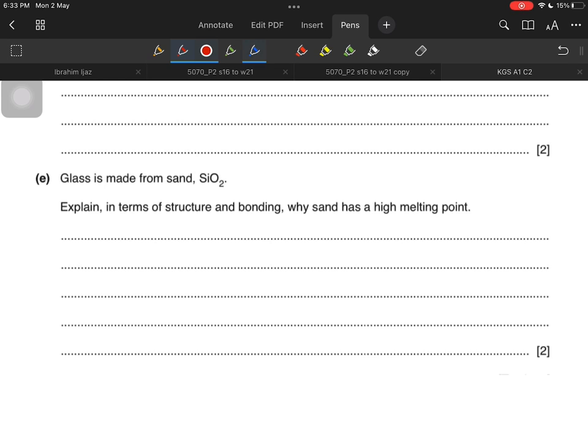For example, you need to talk about the structure. Now, I'm not basing my answer exactly on silicon dioxide, but structure could be structures. Examples of the words for structure, depending on what kind of substance they're talking about, it could be giant ionic lattice.